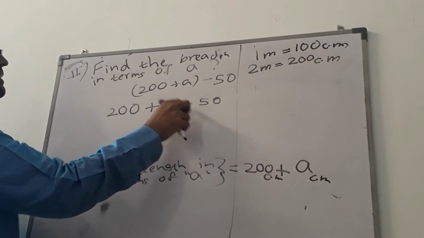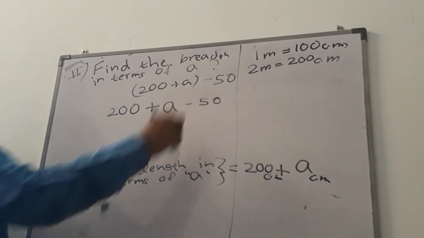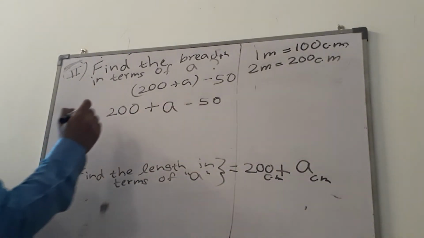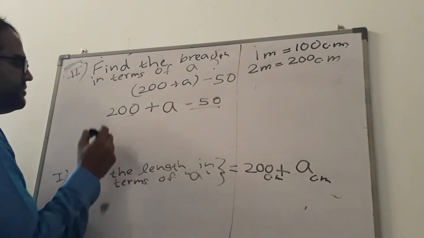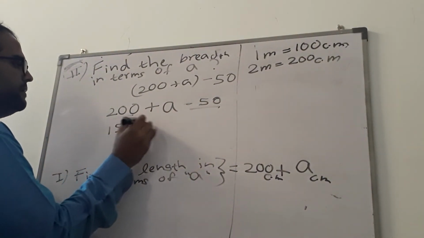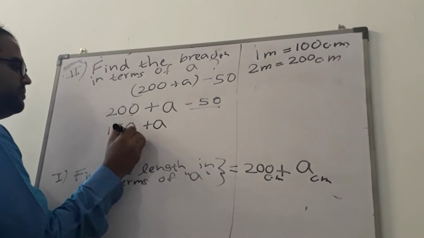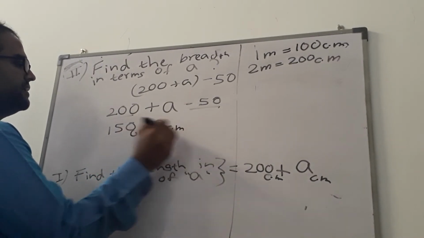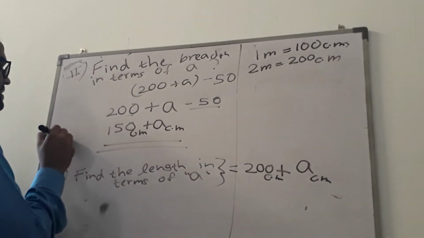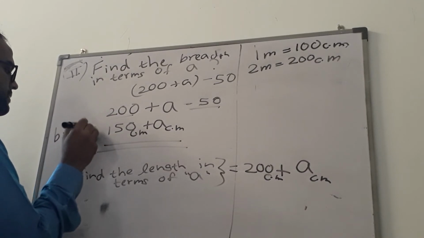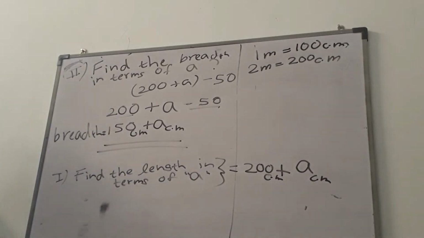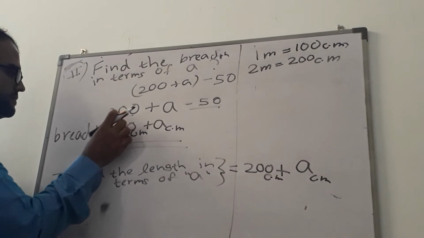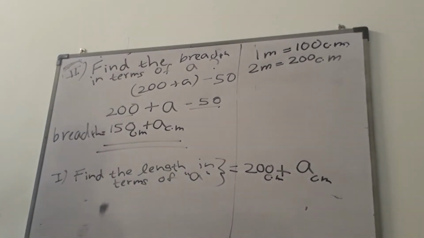Just write the minus mark and 50. Now we can simplify: 200 minus 50 is 150, plus A, so the breadth is 150 plus A.